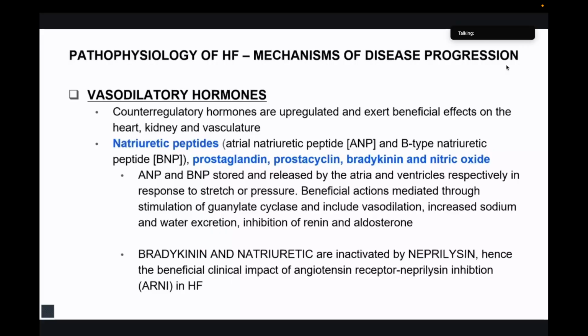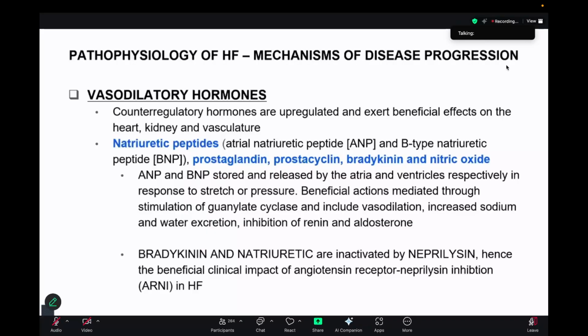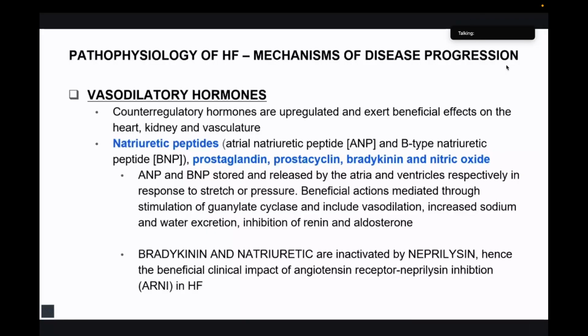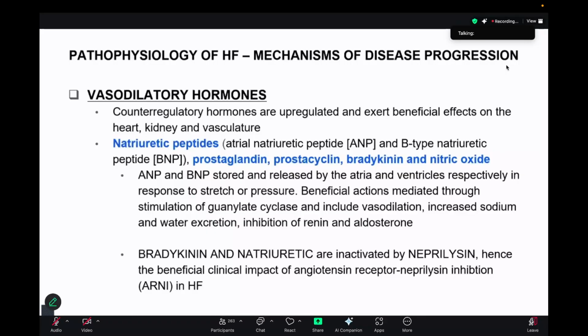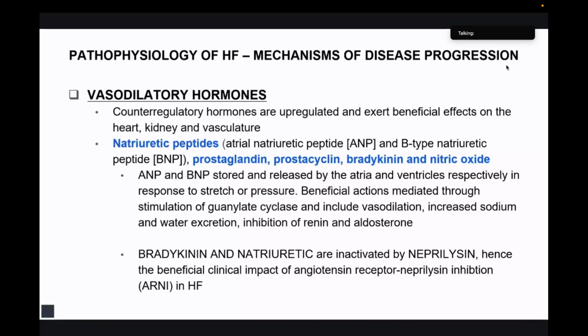ANP and BNP are stored and released by the atria and ventricles respectively, and they are released in response to the stretch or pressure of the atria and ventricles. The beneficial actions are mediated through the stimulation of guanylate cyclase, and the effects include vasodilation, increased sodium and water excretion, and inhibition of renin and aldosterone.